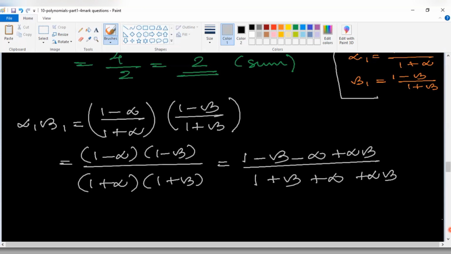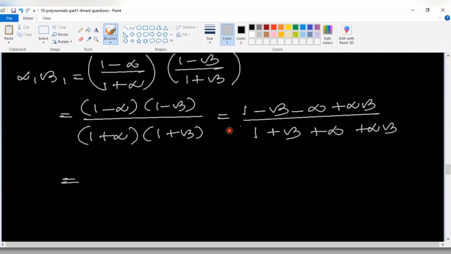Now, both beta and alpha have a negative sign, so we can take that negative sign outside and write it as minus of alpha plus beta. Got it? We have taken the minus out because we have the values of alpha plus beta and alpha beta with us, so we can simply substitute the values if we rearrange things like this.